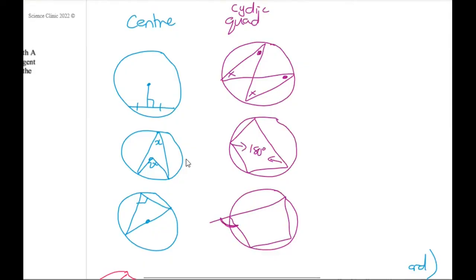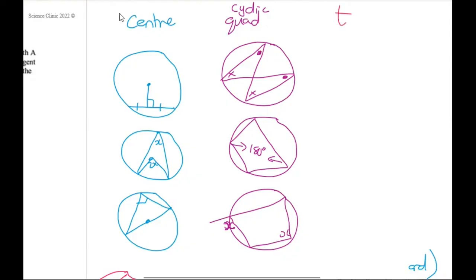And if you've got that, then the interior opposite angle is going to be equal. Sorry, I didn't actually want to draw the arc because then it becomes messy. So that there is x, and the interior opposite angle is also going to be x. That's our cyclic quad theorems.